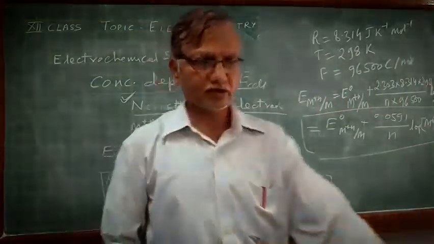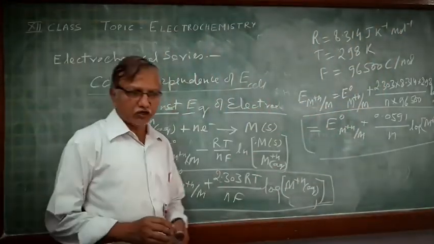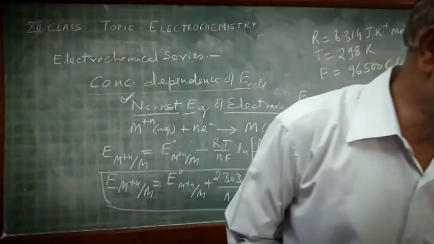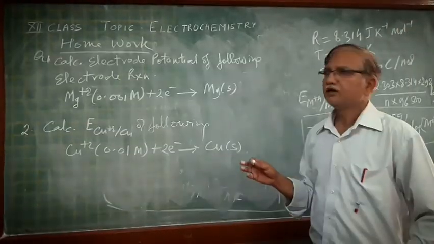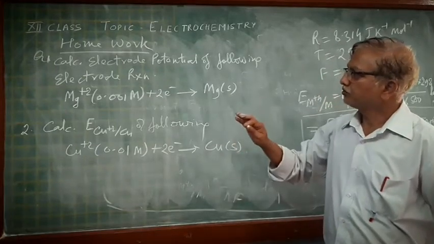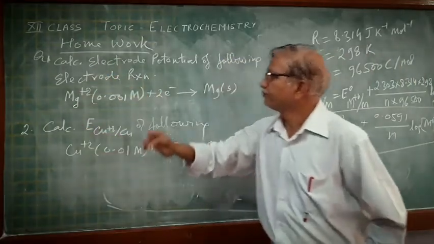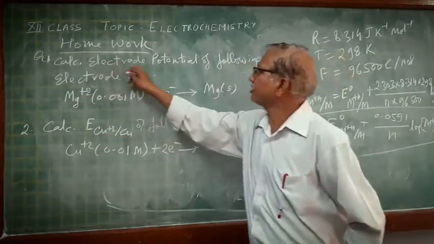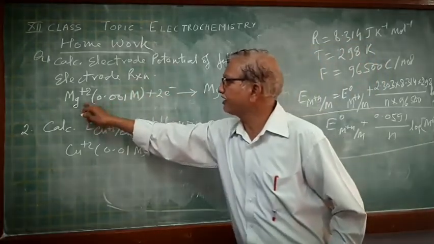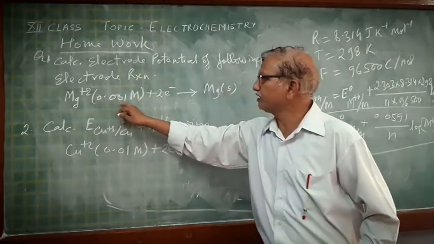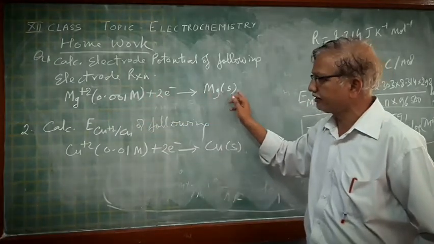So for today's students, to take the revision of this, I will give you two numericals to solve. Now students, you have to practice these two numericals at your home. Number 1, calculate the electrode potential of the following electrode reaction. The electrode reaction is magnesium ion, concentration 0.001 M, plus 2 electrons equals magnesium solid.